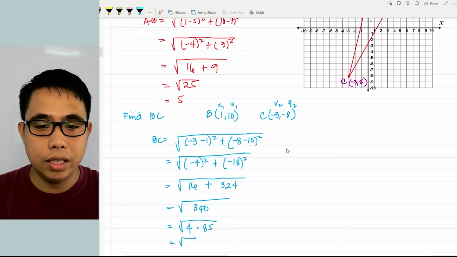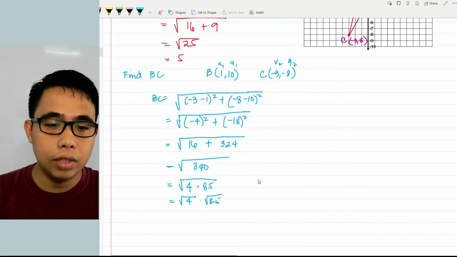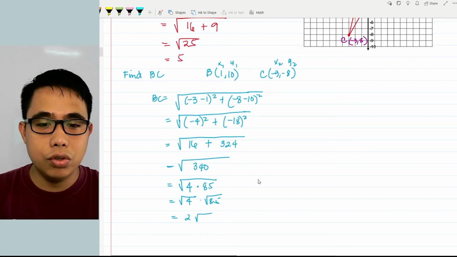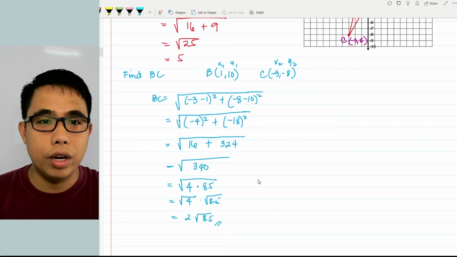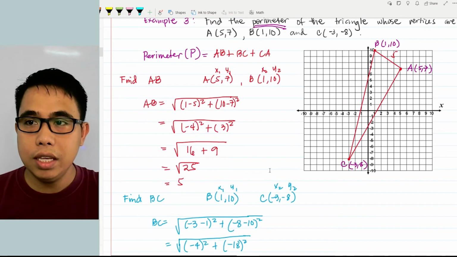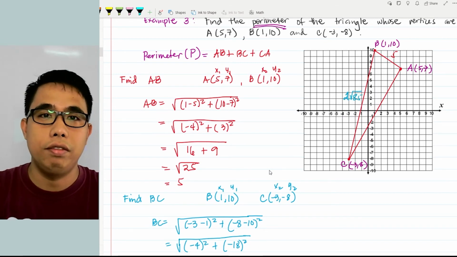So we separate that: square root of 4 times square root of 85. The square root of 4 is 2, so 2 square root of 85. We can no longer simplify. So we are done finding BC, and BC is equal to 2 square root of 85.